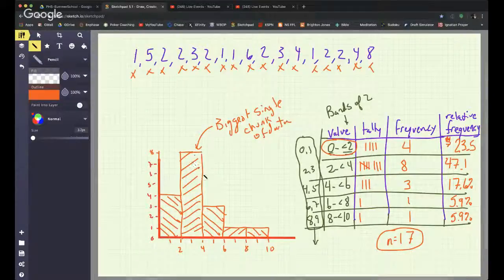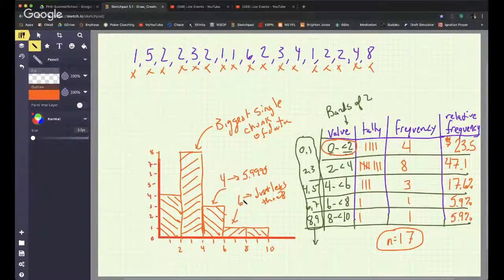And remember, each bar includes the left side, but it doesn't include the right side. So all data in here is everything from 4 up to everything like 5.9999. But 6 is included here. So this is 6 to everything just less than 8.